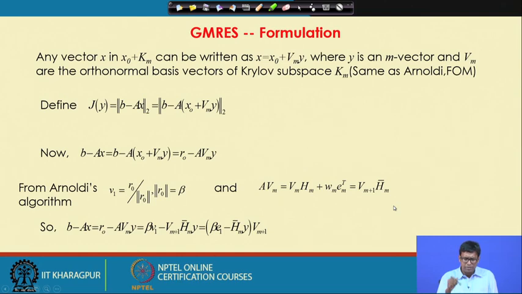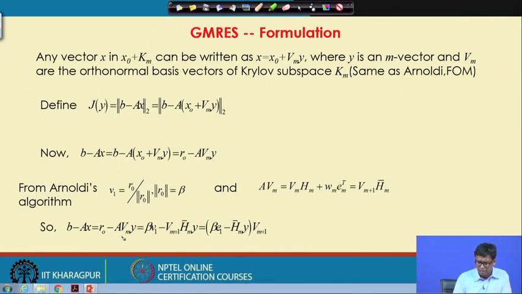So, if we substitute this here, we can write b minus Ax as R0 minus A Vm y, and A Vm can be substituted as Vm plus 1 Hm bar, and R0 can be written as beta V1, which is beta E1, where E1 is the first unit vector 1, 0, 0.